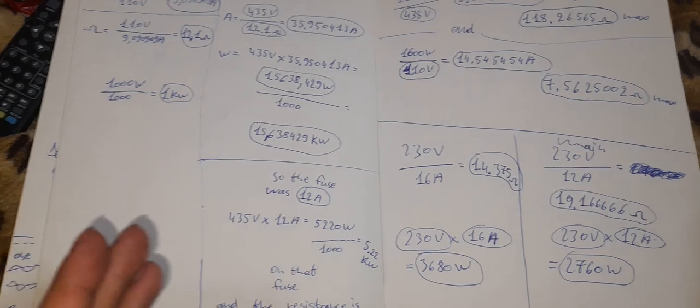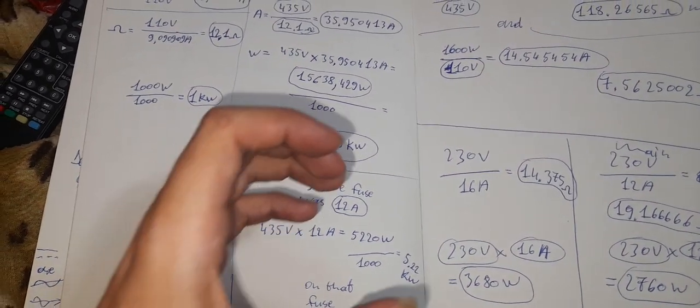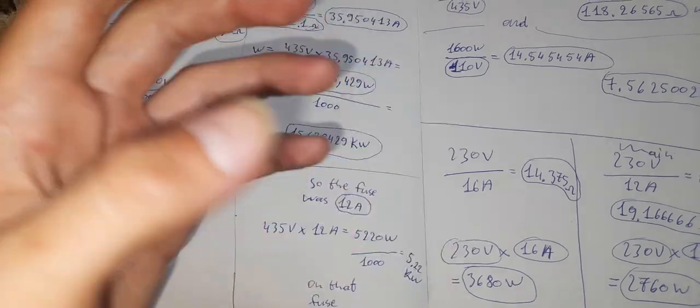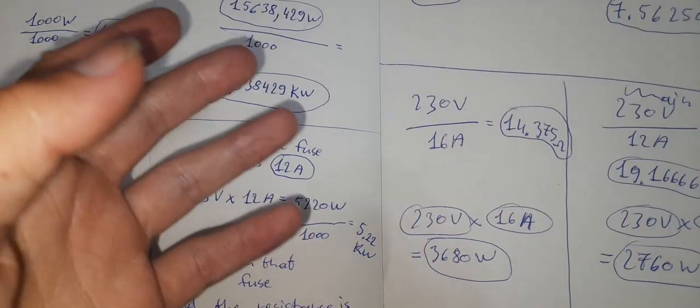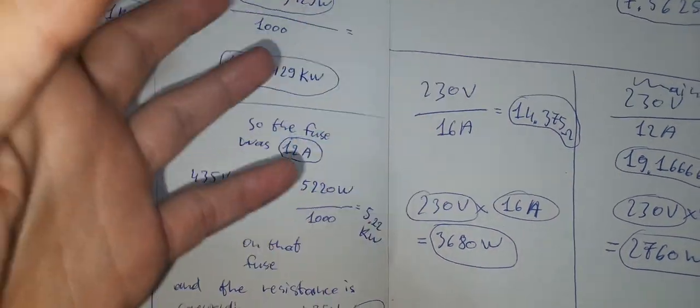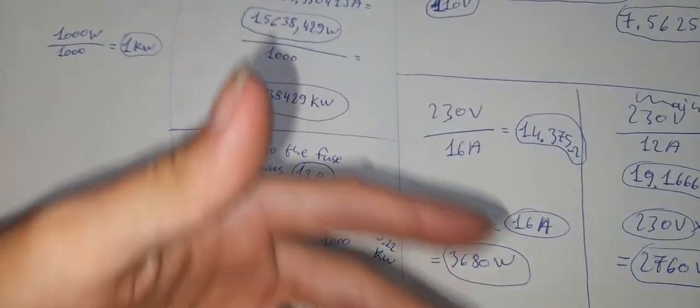So if you use a Variac, you can't make a kid drink a bottle of vodka, or a bottle of gin, a bottle of Jack. Sorry for mentioning those brands, but just alcohol.